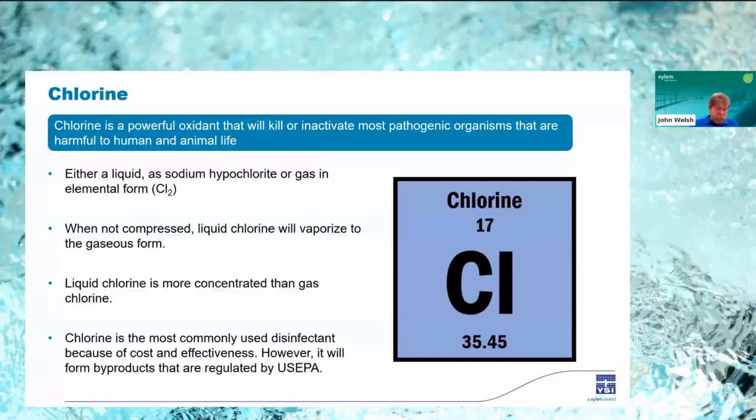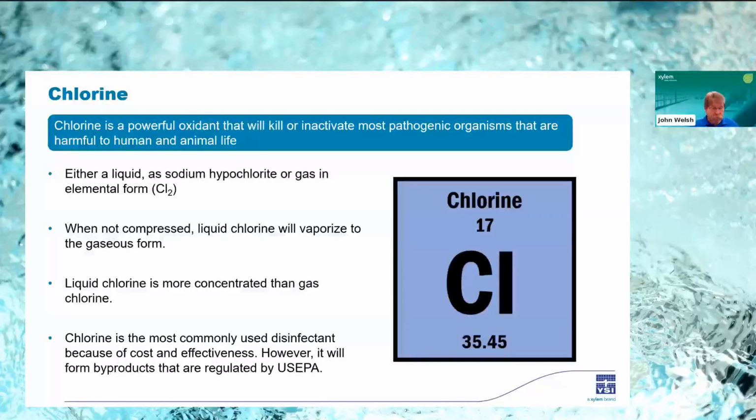So what is chlorine? Chlorine is a powerful oxidant that will kill or inactivate most pathogenic organisms that are harmful to humans and animal life. These could be bacteria, viruses, other dangerous microbes that we don't want to leave the treatment plant or exist in the distribution system.